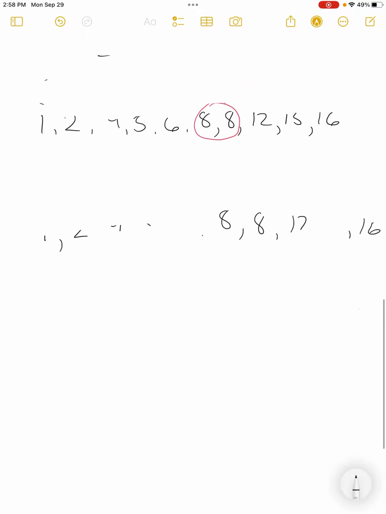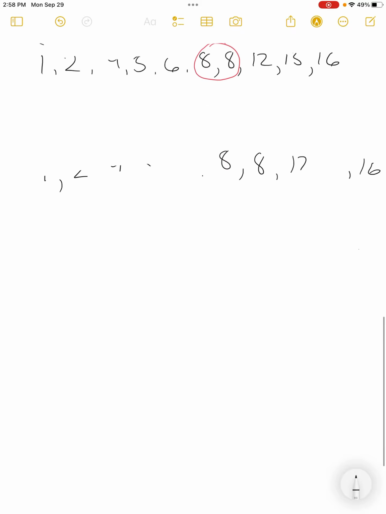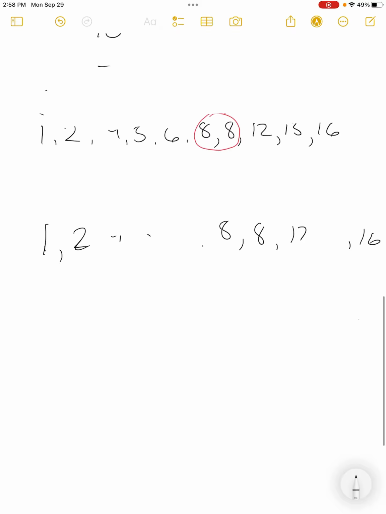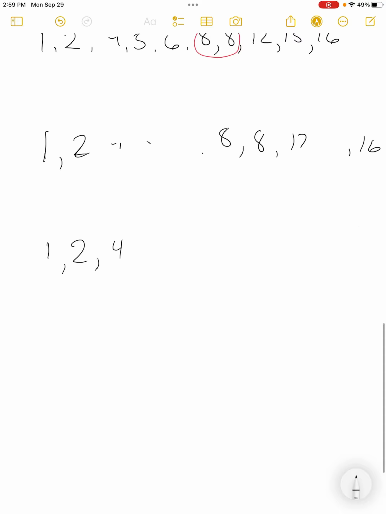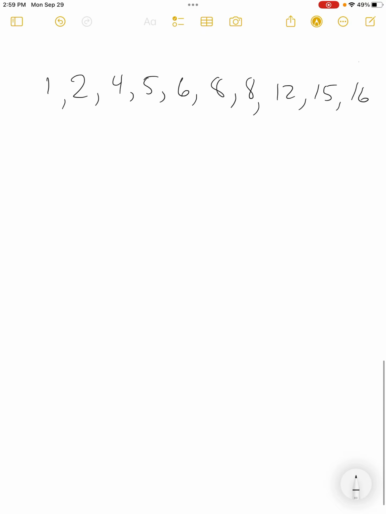That's strange, it doesn't like going up to the top. So there's our data set: 1, 2, 4, 5, 6, 8, 8, 12, 15, 16.